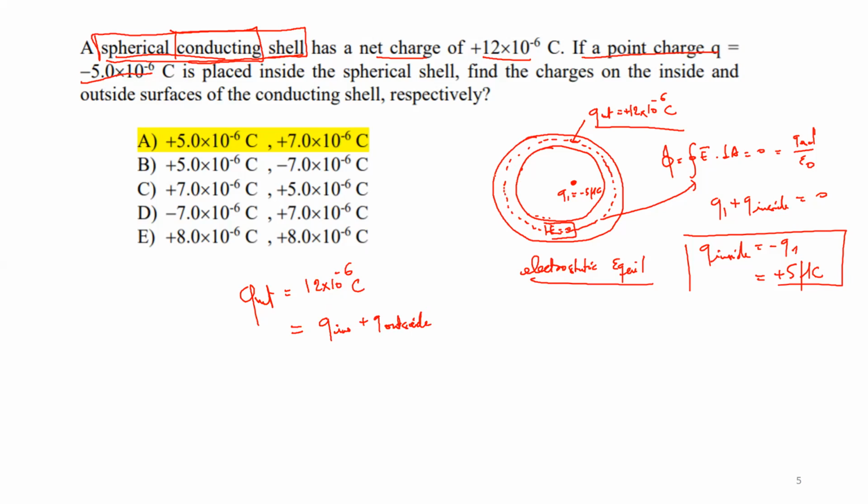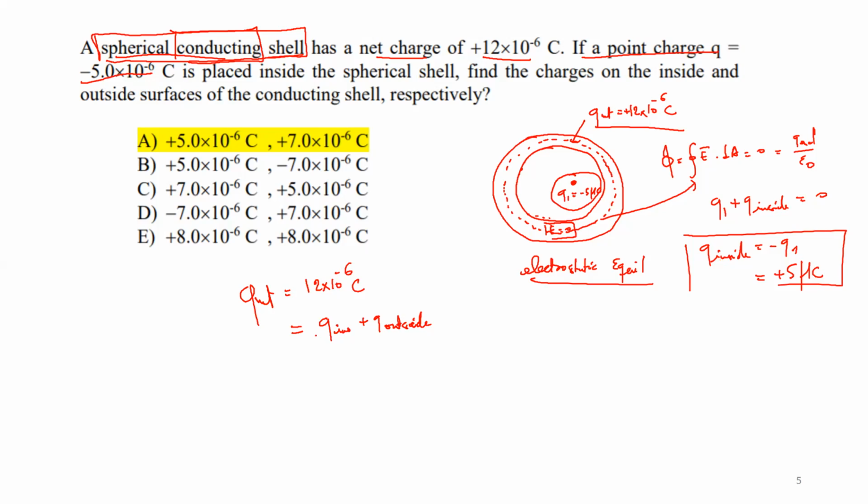Okay. So I have charge on the outer surface and charge on the inner surface here. And again, the charge on the inner surface is due to this Q1. If I did not have Q1, I would not have charge on the inner surface. But because I have Q1, I will have induced net charge on my inner surface. If I did not have charge Q1, you know that inside a cavity, there is no charge on the inner surface. All the charge will be on the outer surface.